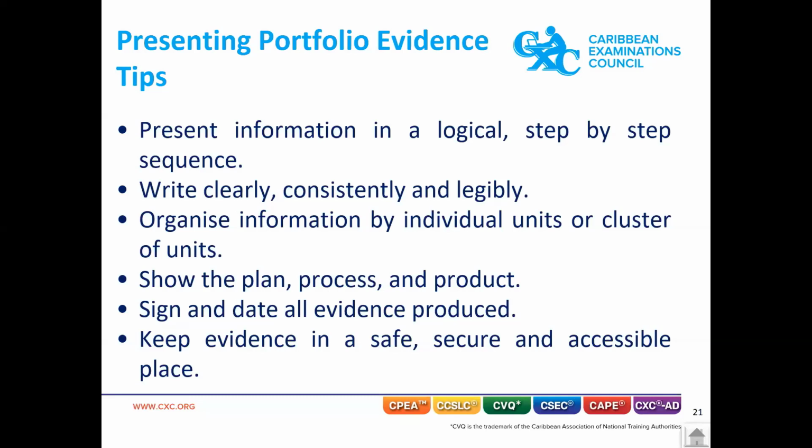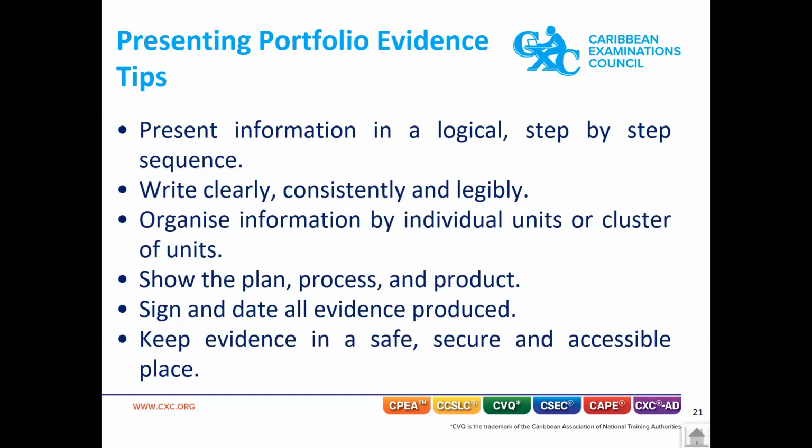Right? Now, you should write clearly, consistently, and legibly. If you're not writing, the information should be typed, but it should be clear, consistent, and legible. You should organize information by individual units or cluster of units.